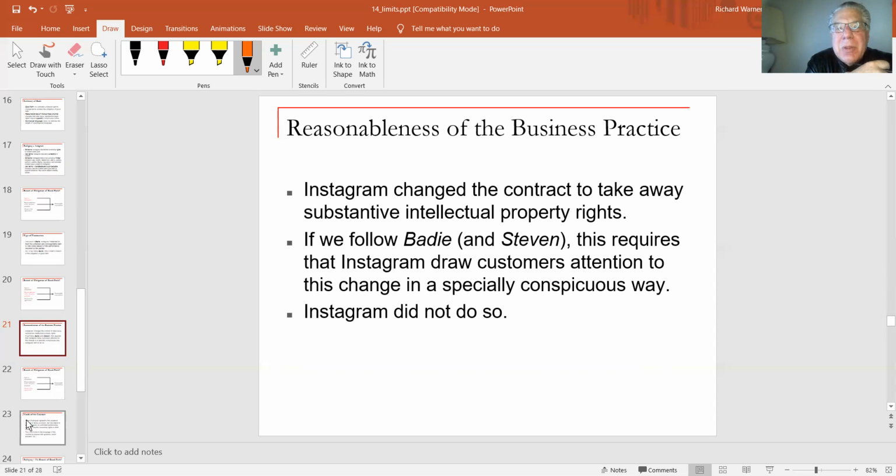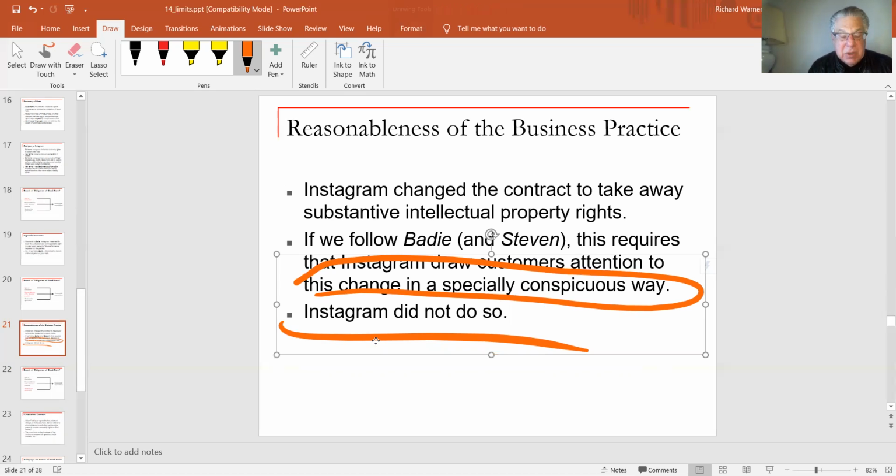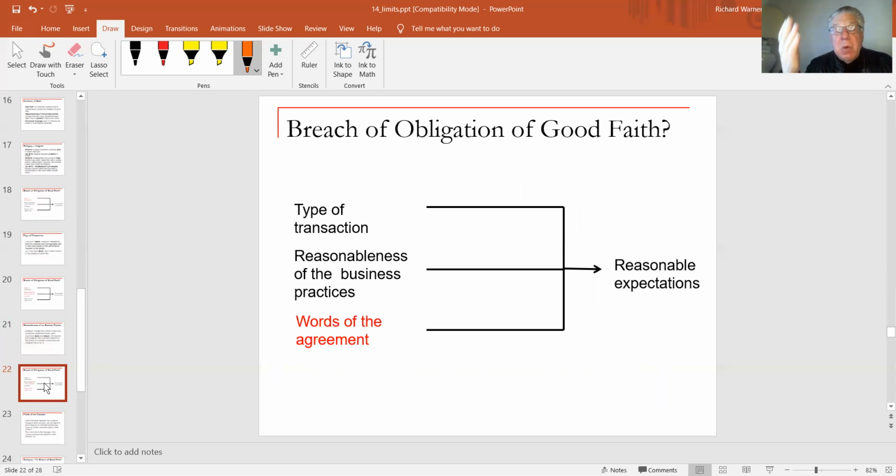Because you get to keep all those. Now we come in and take them away, right? That requires conspicuous notice, which Instagram didn't give. So this looks bad for Instagram, and the words of the agreement are also bad for Instagram.